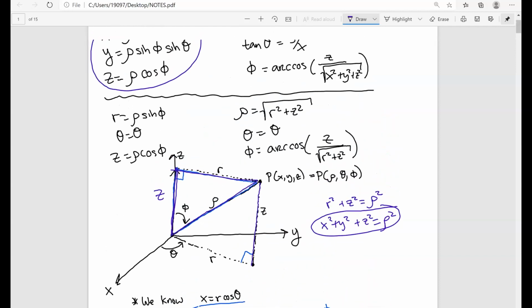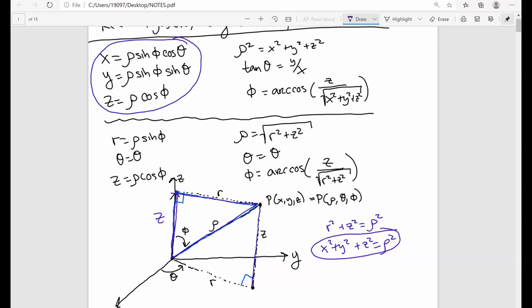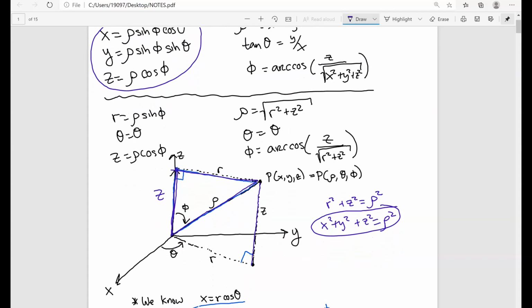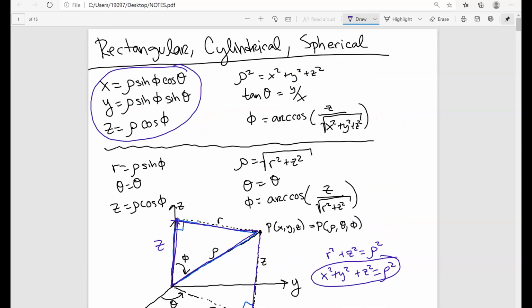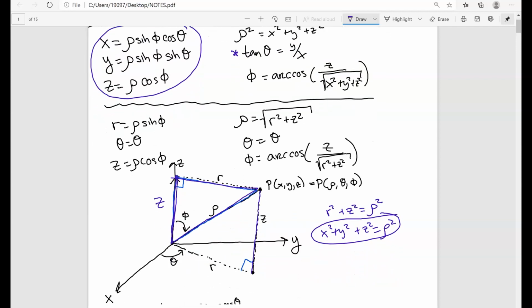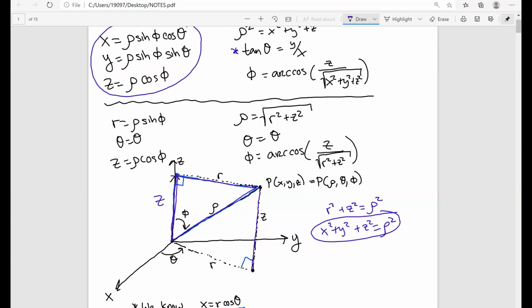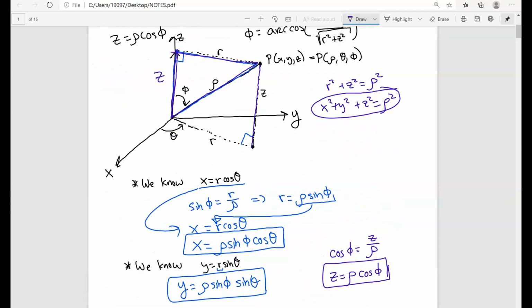Okay. Now, how do we know the tangent of theta? Well, that one's kind of obvious, because you can see this theta just using regular right triangle trigonometry. We've already derived this one from polar. And now how do I get this guy? Well, I know that z is equal to rho cosine phi.